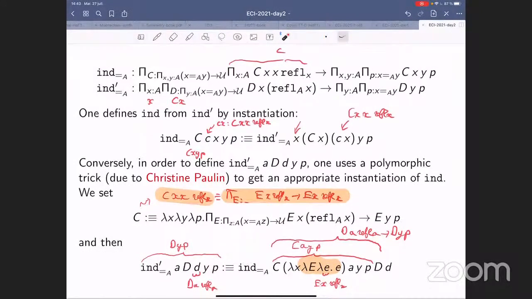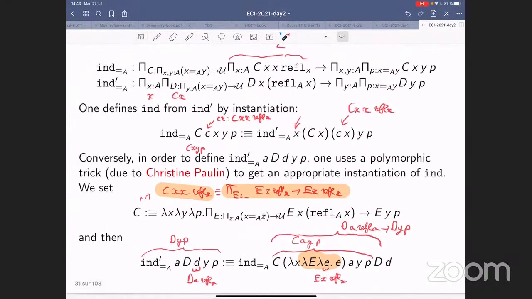But what is CAYP? It's this expression here, with A instead of X, where X has been replaced by A.